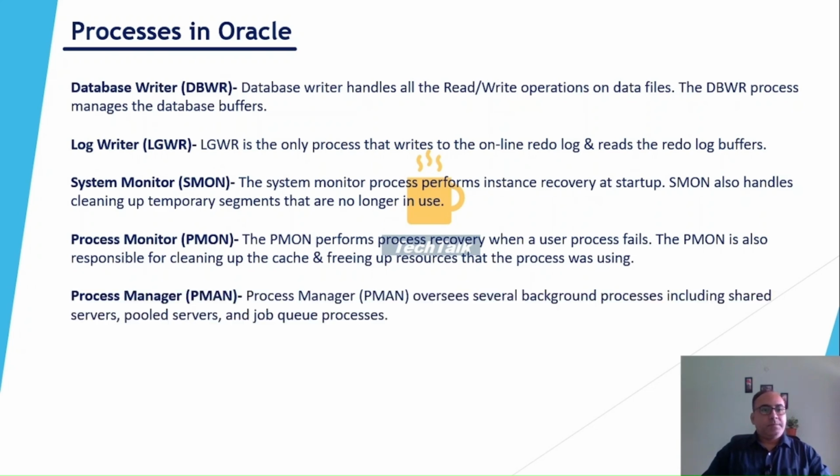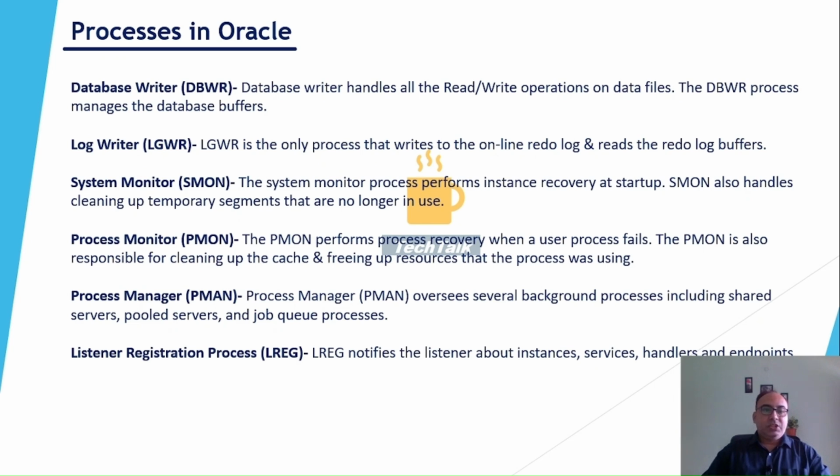Then we have the process manager, which oversees or monitors several background processes. That's the primary objective of this process. It keeps monitoring different shared pools, pool servers and job queue processes.